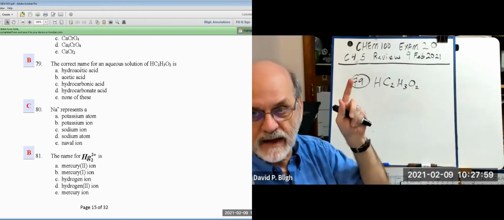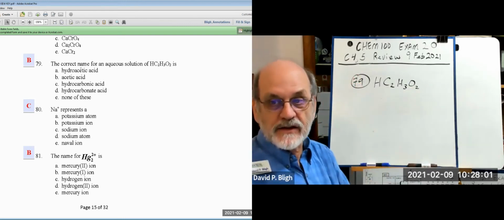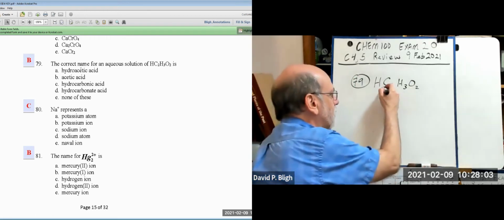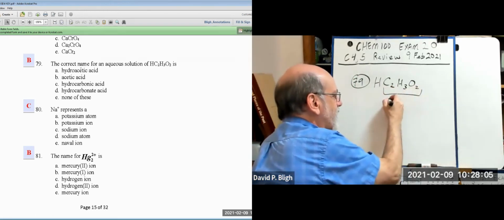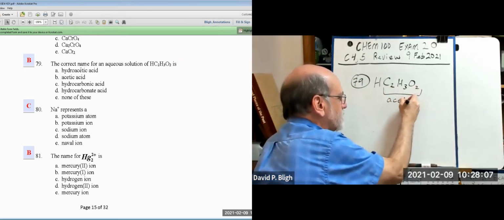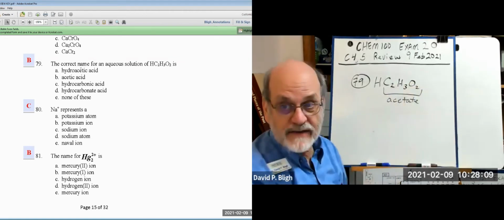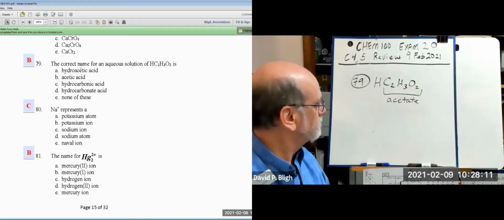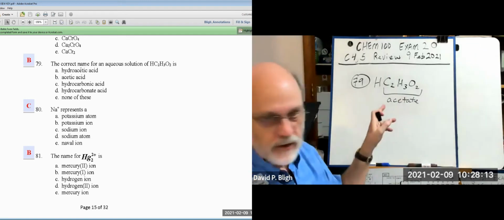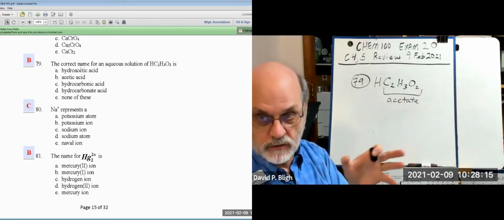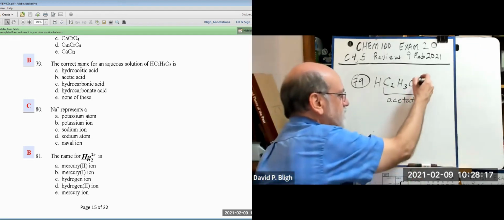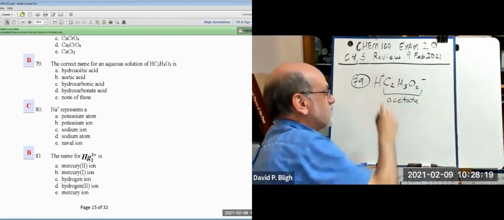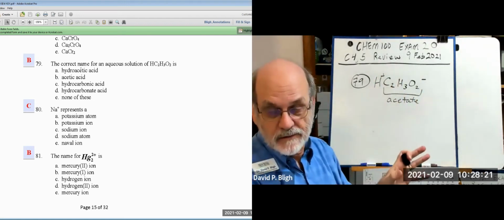Say polyatomic ions. And this one is a polyatomic. That is the acetate polyatomic ion. So if you look it up in your chart, which you will have available, it's a -1 charge. This is +1, so it's written correctly.